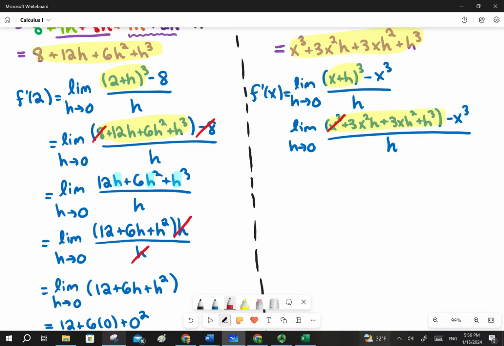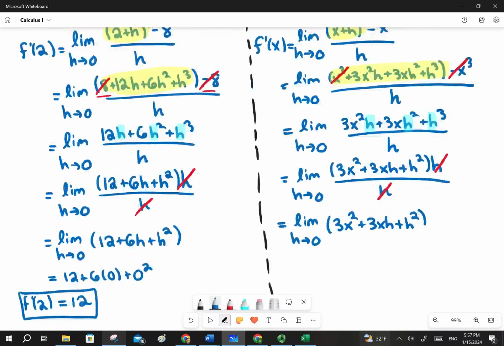Notice that the x cubed terms cancel just like the 8's canceled in the first example. Then, just like the first example, every remaining term has an h in it, which we can factor out and cancel, leaving the limit as h approaches 0 of 3x squared plus 3xh plus h squared.